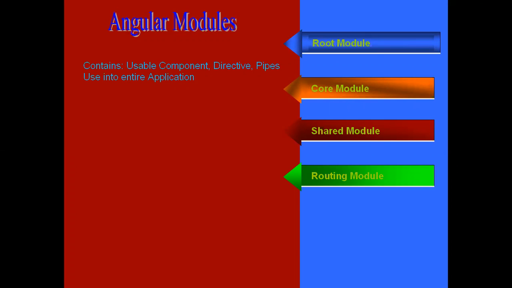Yes, the pipes are created in the component folder only. I've seen a couple of pipes which are not created in a separate folder named pipes. So they are not following the standard. We need to import those pipes into the modules, correct?